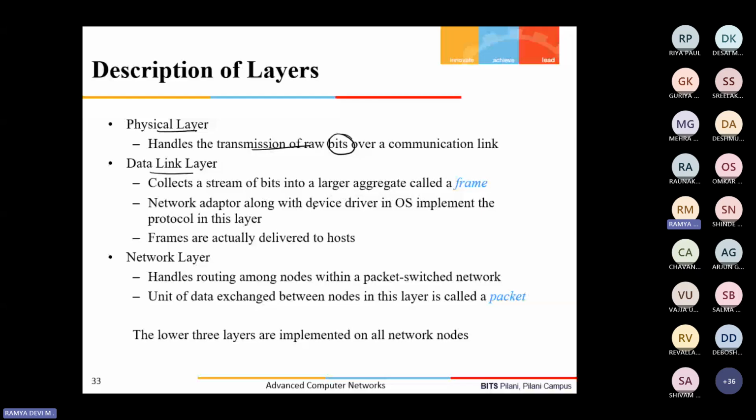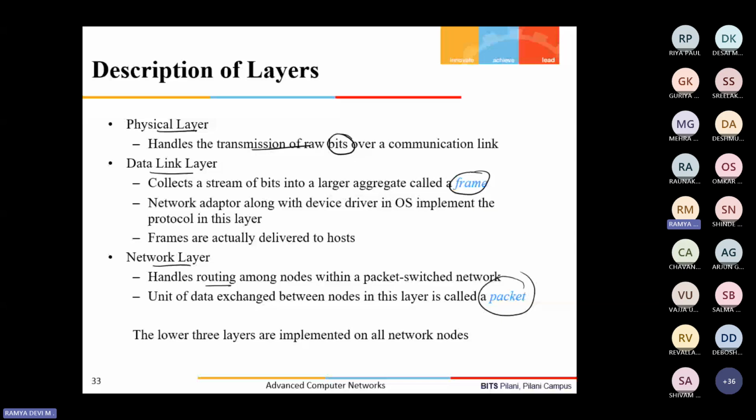The network adapter is responsible for receiving the frames that are delivered, and converting the frames into packets. The network layer takes care of routing and addressing. Here the data is referred to as packets. These are the lower three layers.